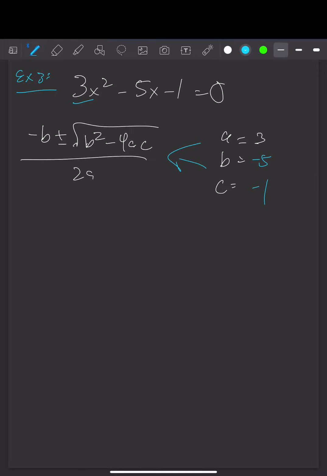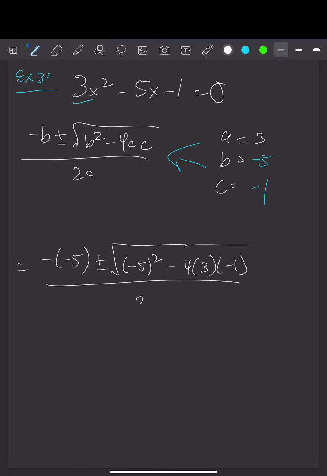So you just plug that into your quadratic formula. You have negative negative 5 plus or minus the square root of negative 5 squared minus 4ac, all over 2a. So that turns into 25 plus 12, a positive, over 2 times, oh, I forgot the 3.